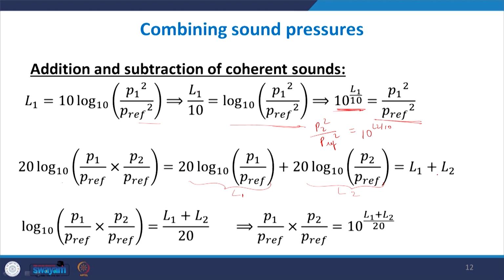So this comes out to be L1 plus L2, which means this log thing will be L1 plus L2 by 20. You take 10 to the power on both sides, so you get this expression as 10 to the power L1 plus L2 by 20.